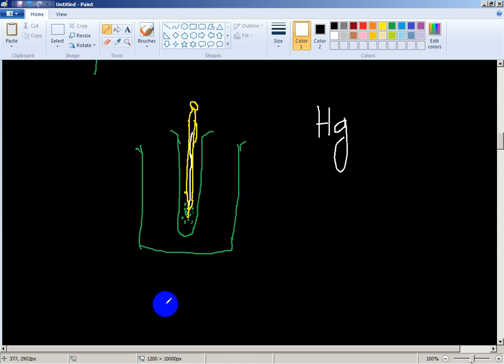Here I give heat. I take the temperature above 40 degrees. Here is potassium nitrate. This solid is potassium nitrate.